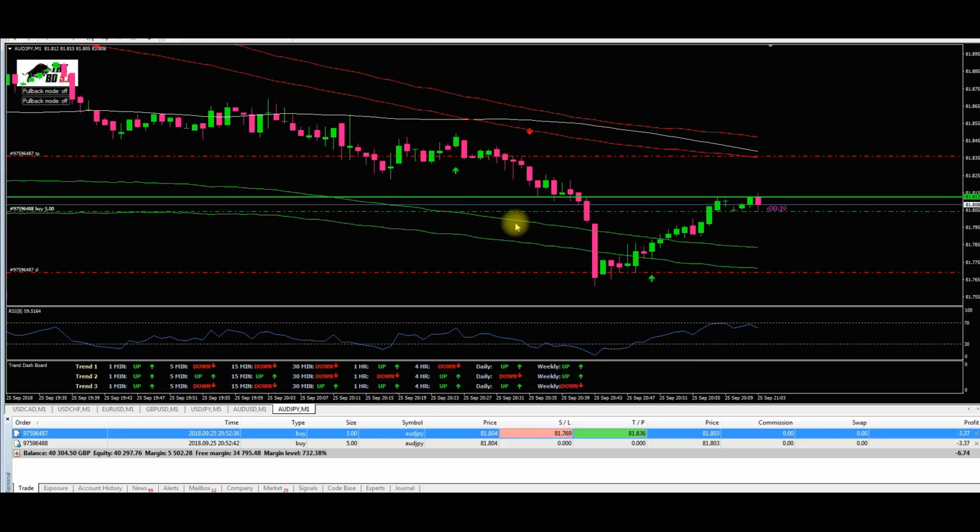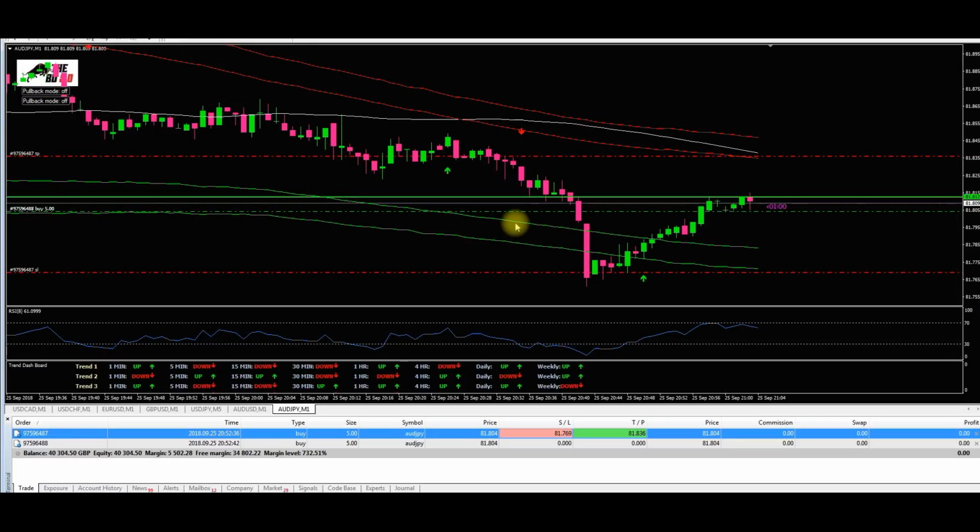See, we are rejecting from it, but for everyone out there, another top tip: we're trading the 1 minute time frame here, so we're looking to get a small amount of pips. We're not looking for the big 30-40 pip move. This is the 1 minute time frame, so we want to aim for around 5 to 10 pips max per trade.